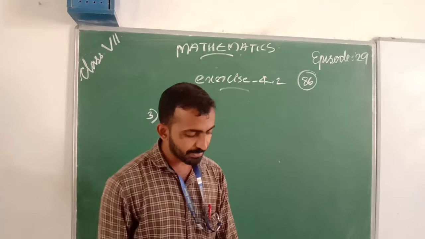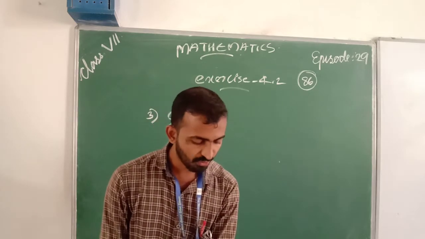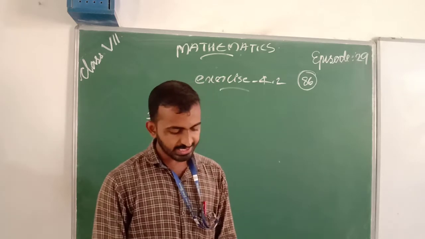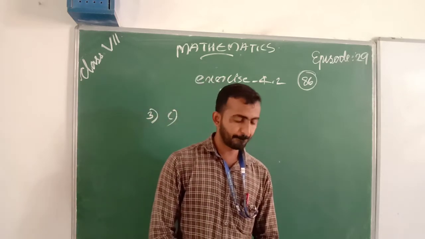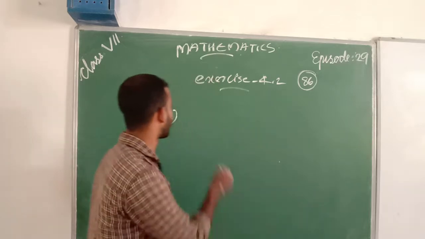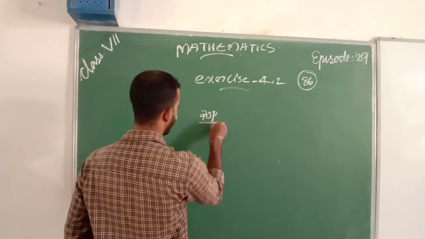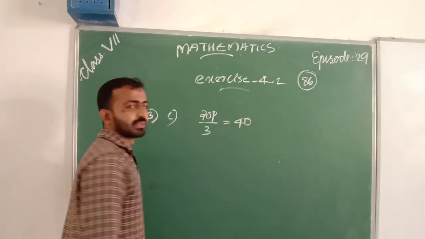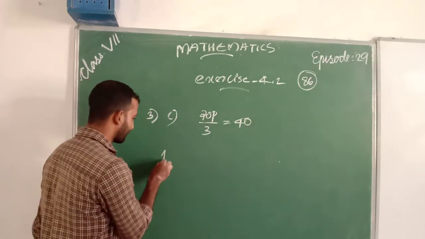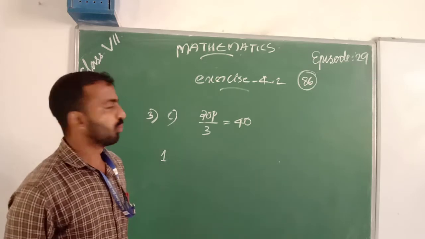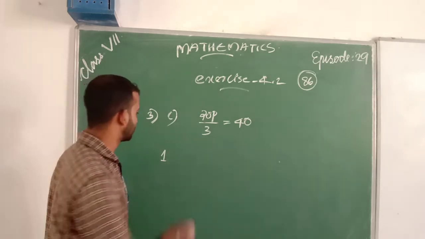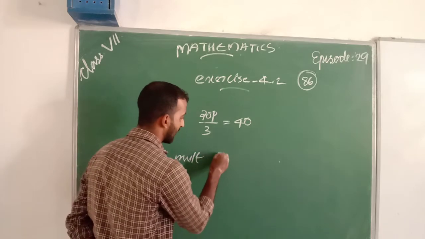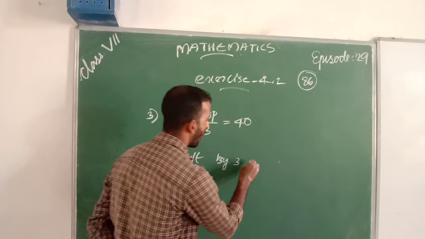That is 20p by 3 equal to 40. The first step is we multiply by 3 on both sides.